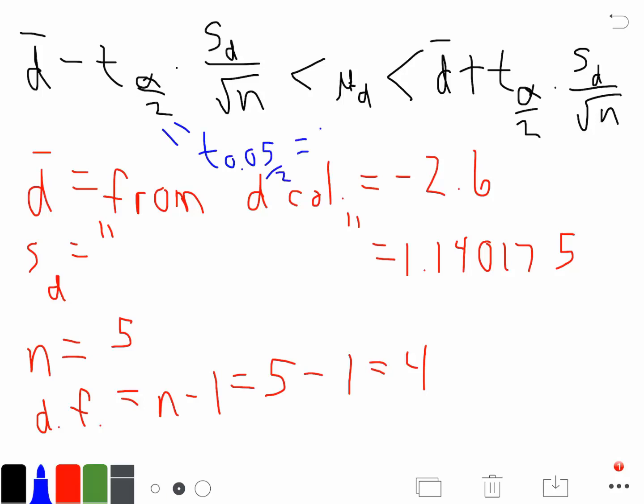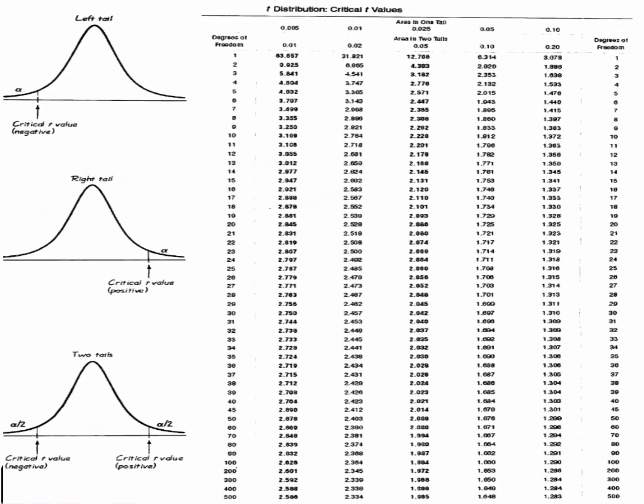So that'd be t sub 0.05 over 2, which is t sub 0.025. We can look that value up in the t table with 4 degrees of freedom, and we will get 2.776.